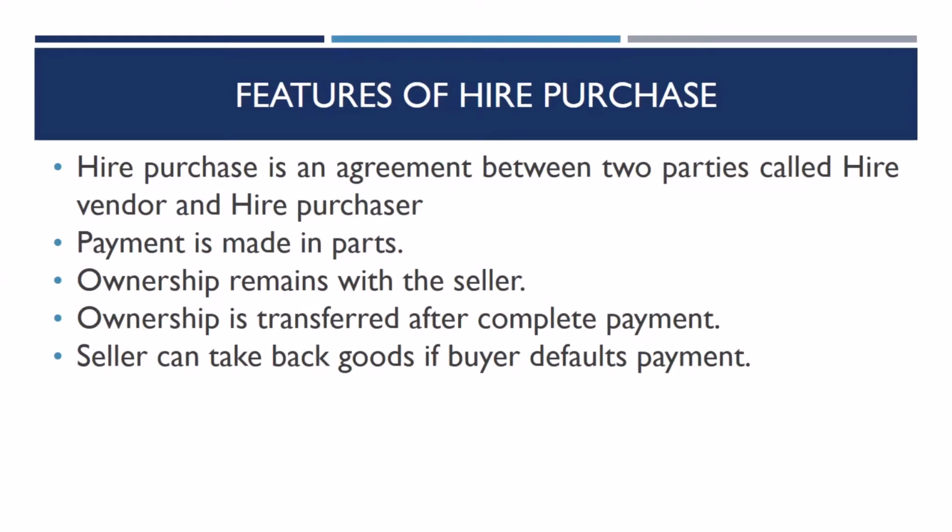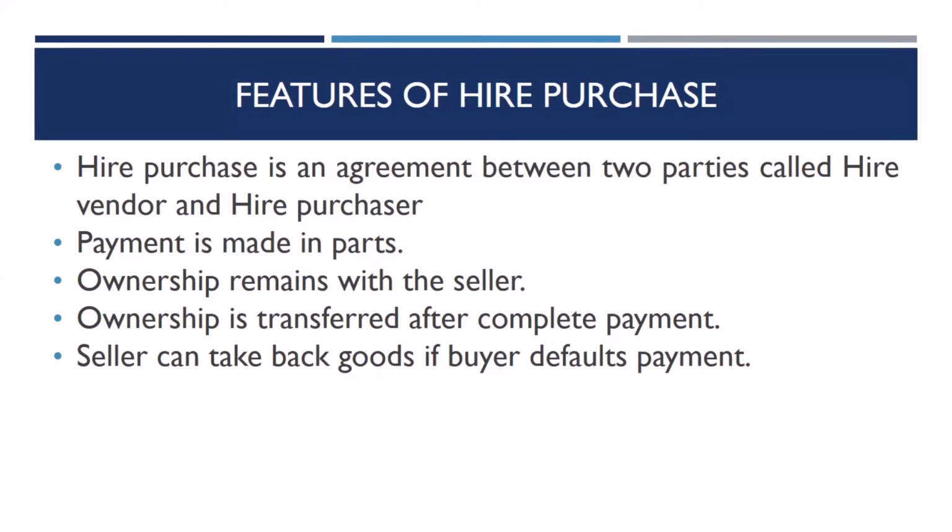Now, the ownership of the product would remain with the seller until the complete payment is made. So until the last part payment is made by the purchaser, the ownership of those products will continue to remain with the seller. What happens if the purchaser defaults on the payment?